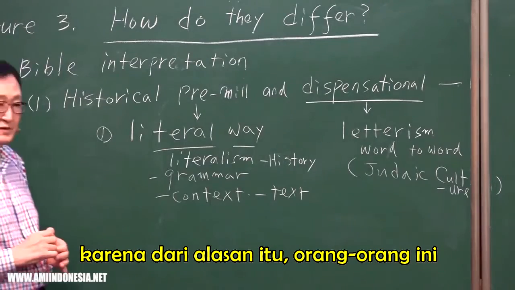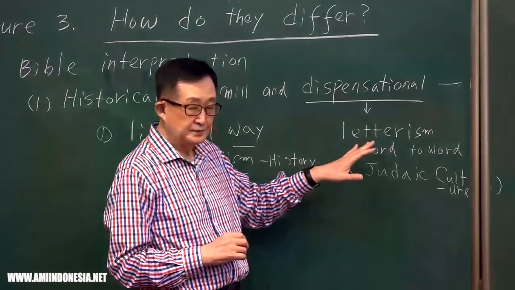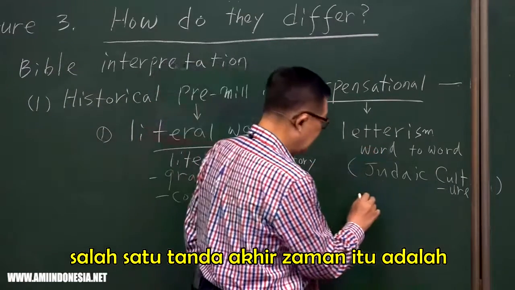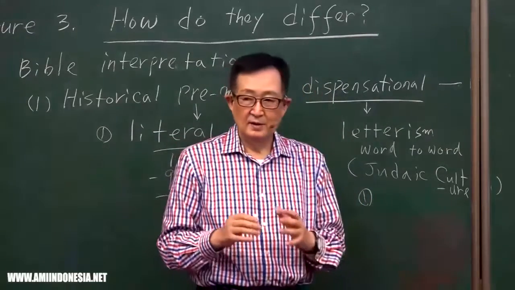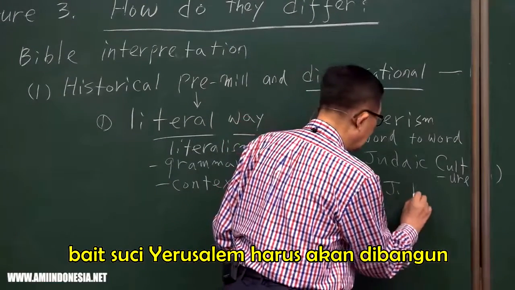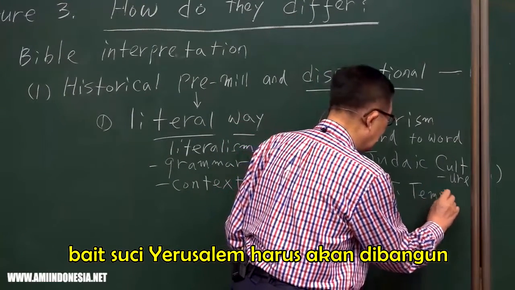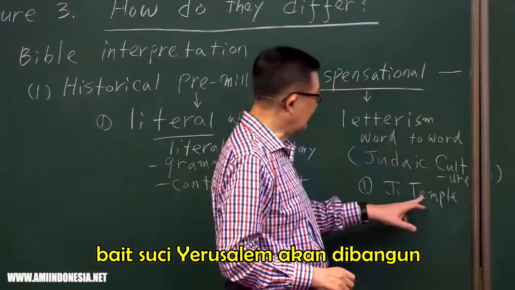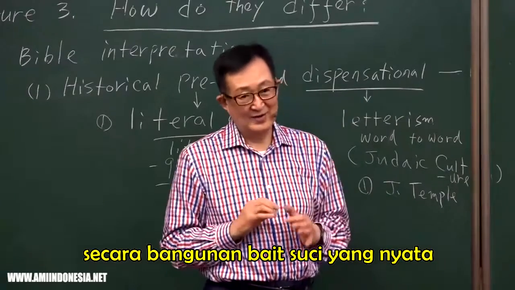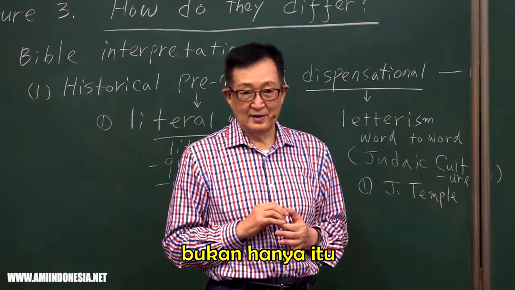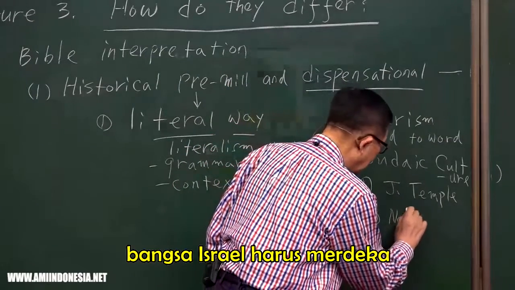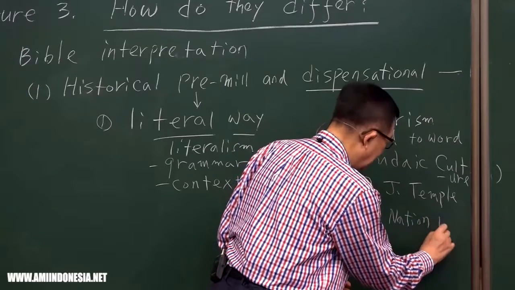For that reason, they believe one of the signs of the end time is that the Jerusalem temple should be rebuilt. It's a physical temple. Not only that, the nation of Israel should be independent.